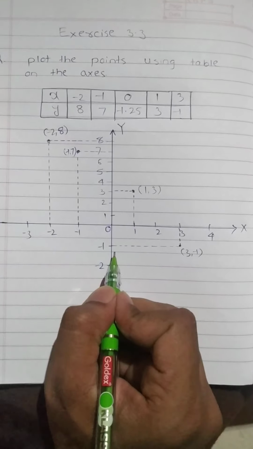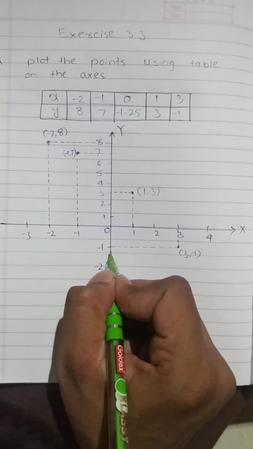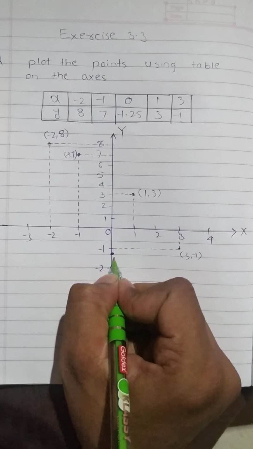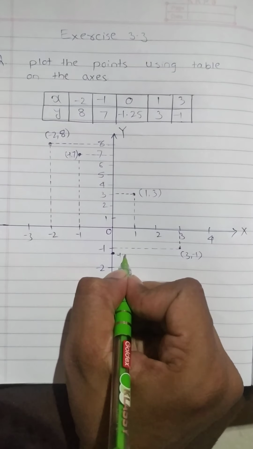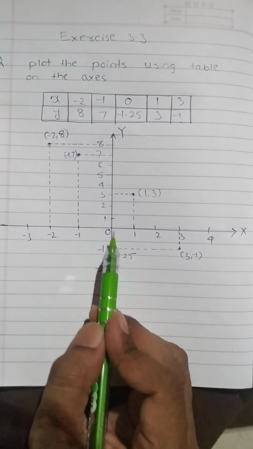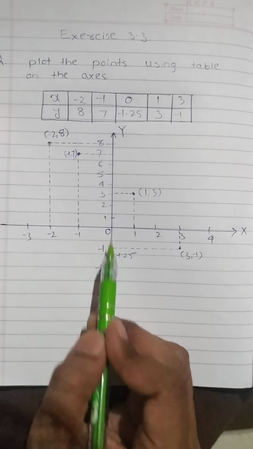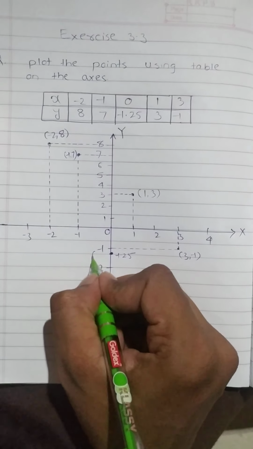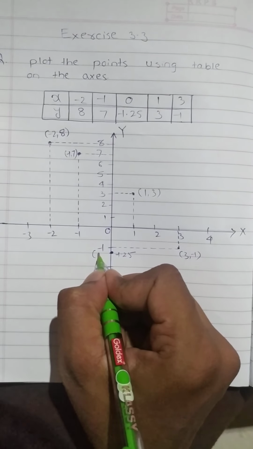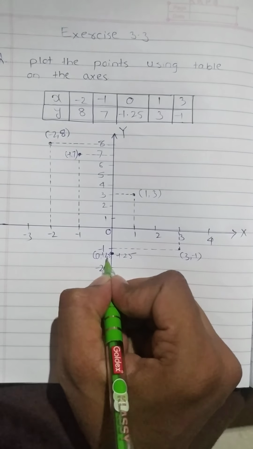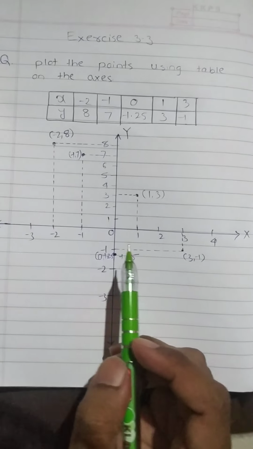So if you find here, it comes nearly here, .25, right? So again we have this point as 0 comma minus 1.25.